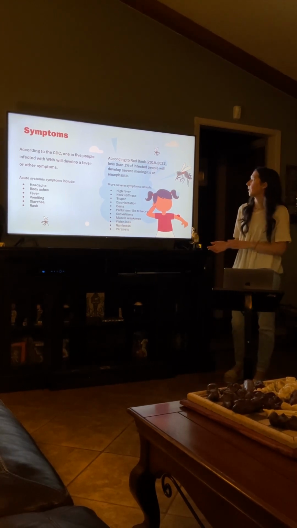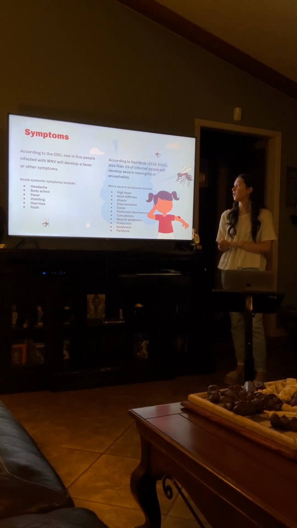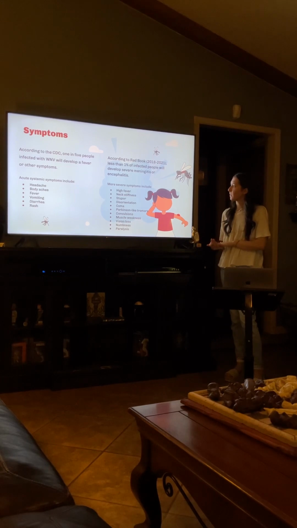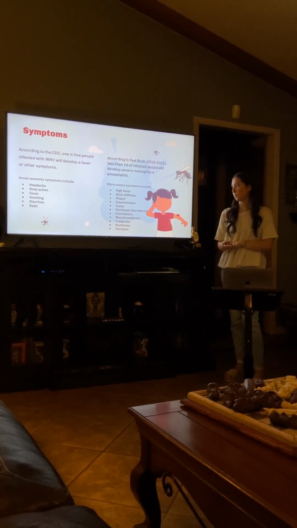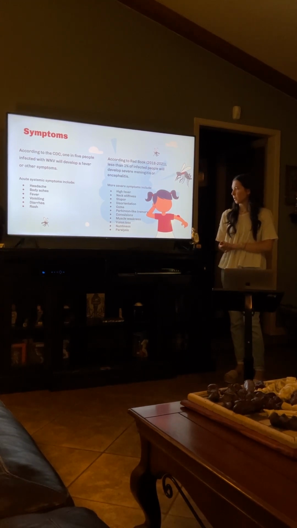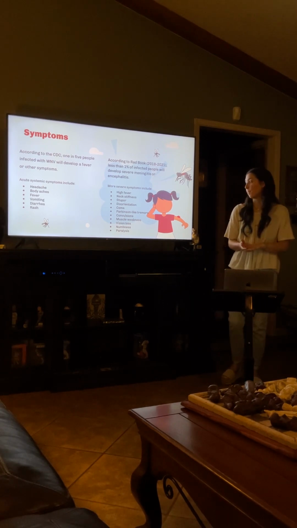According to Redbook, less than 1% of infected people will develop severe meningitis or encephalitis. More severe symptoms include high fever, neck stiffness, stupor, disorientation, coma, Parkinson-like tremors, convulsion, muscle weakness, vision loss, numbness, and paralysis.